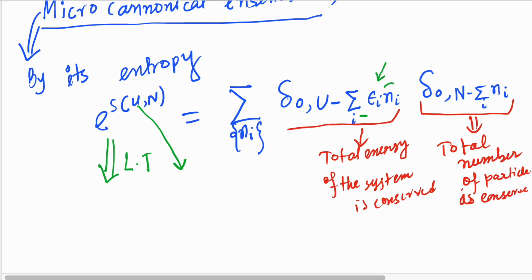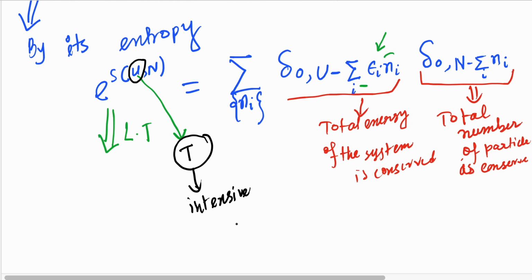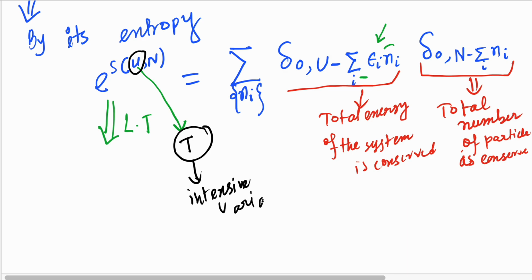So here we remove the extensive variable U, and in its place we use the description by the temperature, which is an intensive variable.